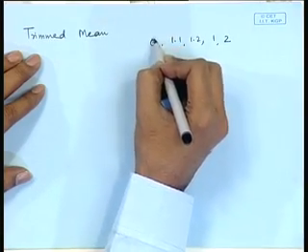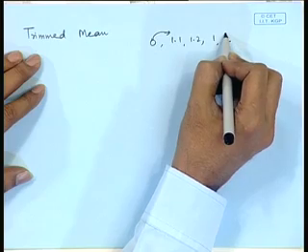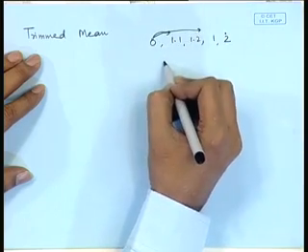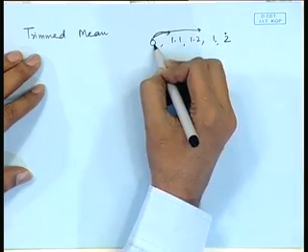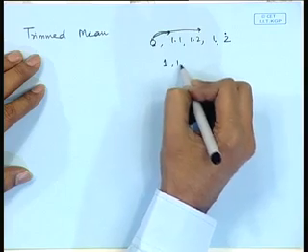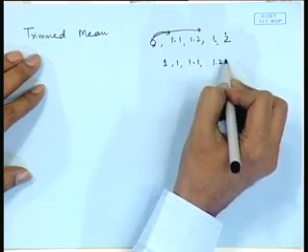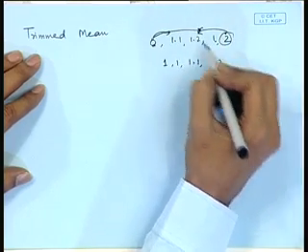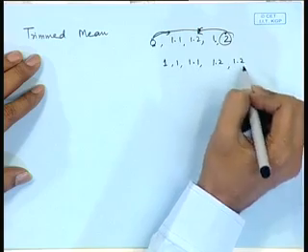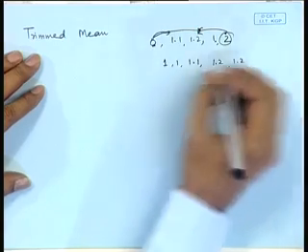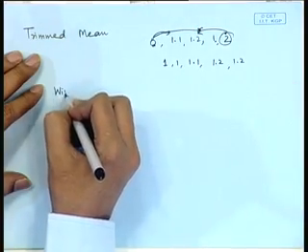Then the lowest value is 1, and below that this is 0, so I convert this to 1. So the values become 1, 1, 1.1, 1.2, and this 2 I bring down to the next value, that is 1.2, and then take the average. This is known as the Winsorized mean.